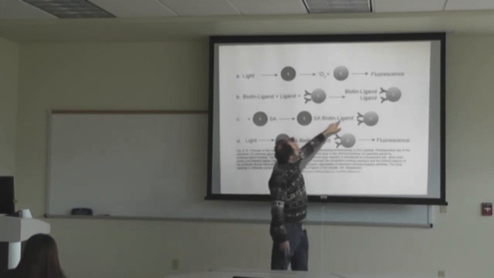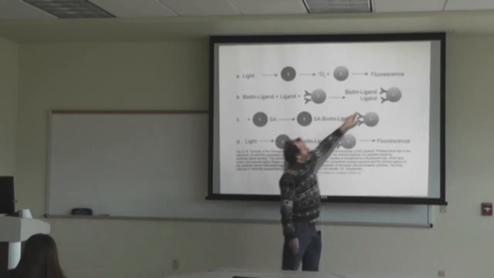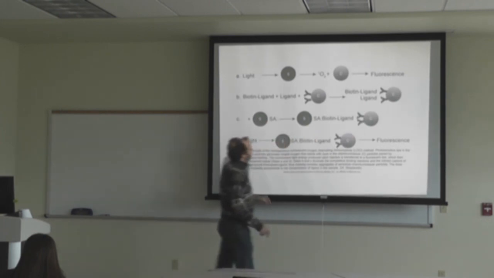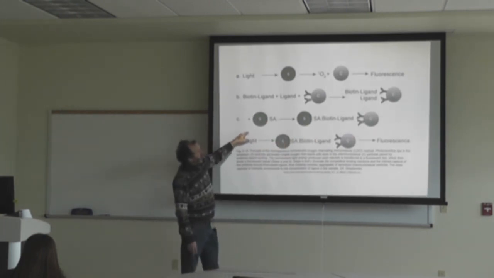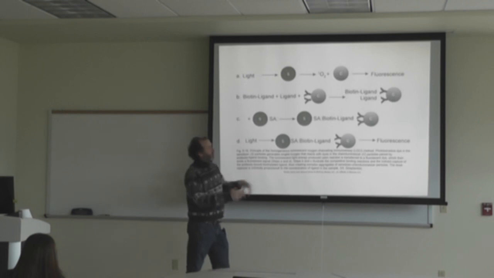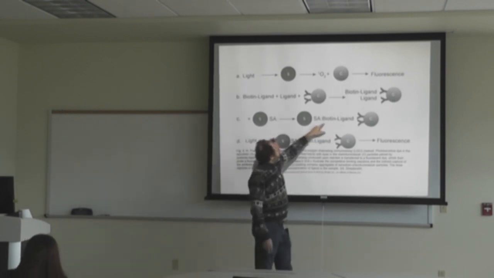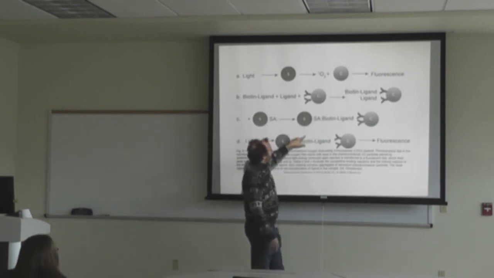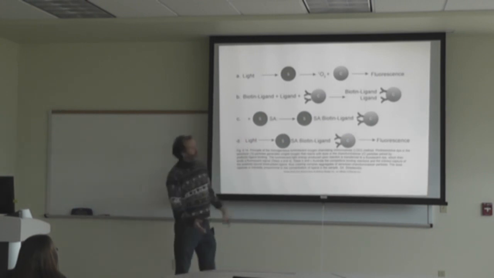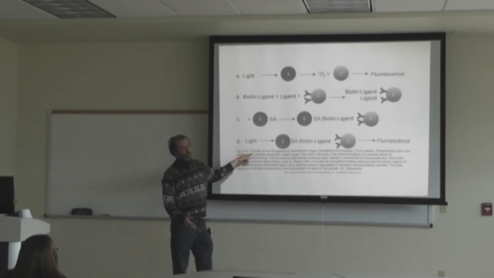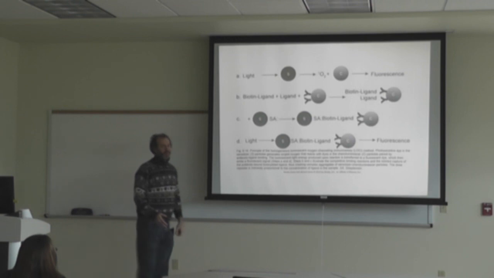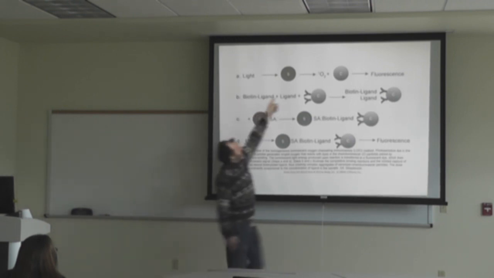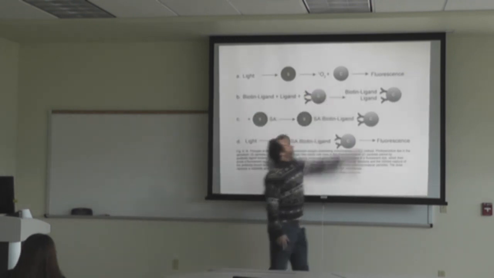So the more biotin labeled ligand you have, the less free ligand you have in that solution. And the more free ligand you have, the less biotin labeled ligand you have, which means the less sensitizer you'll have there, which means the less fluorescence you'll get when you expose it to light. Does that make sense? Because you'll slow this reaction down, because these two won't be close enough together.